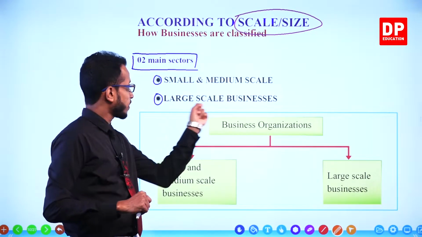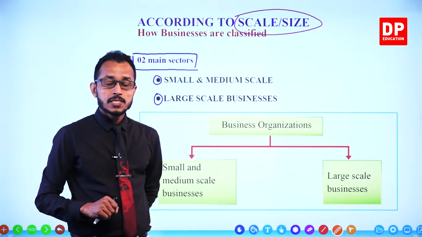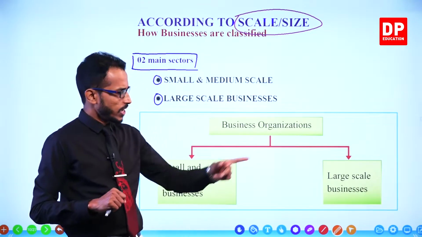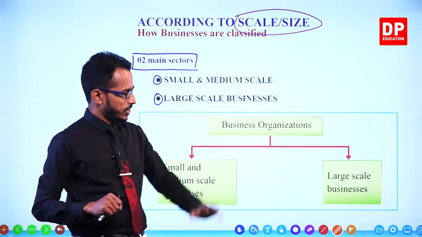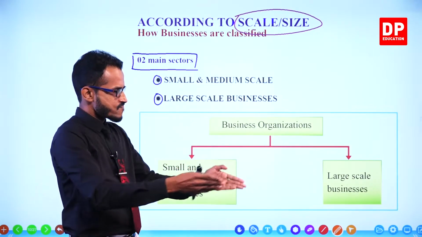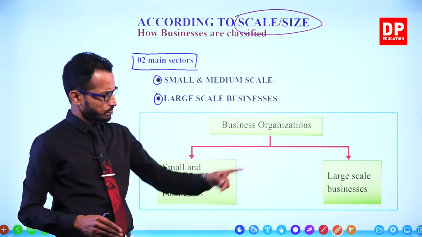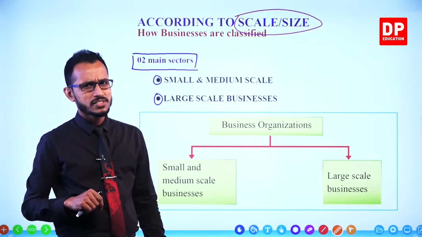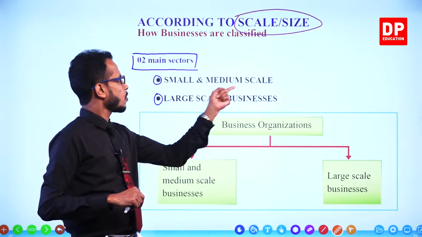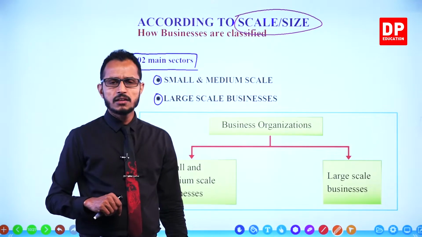Or you look at the shop or the outlet of another business, and you say, oh, that is a small business, so it should fall under small and medium scale.